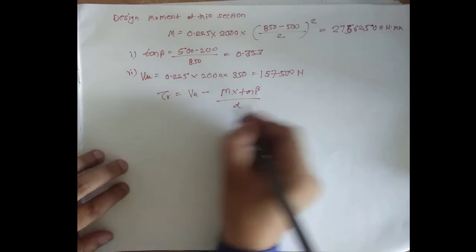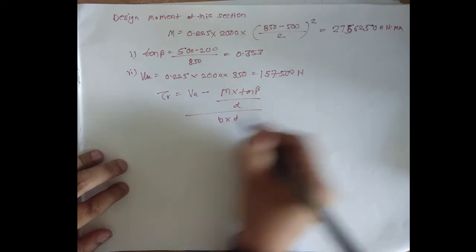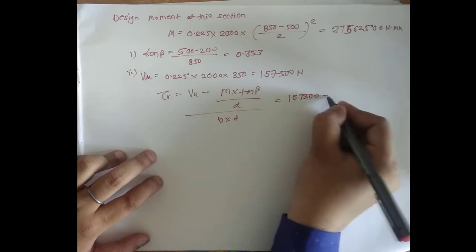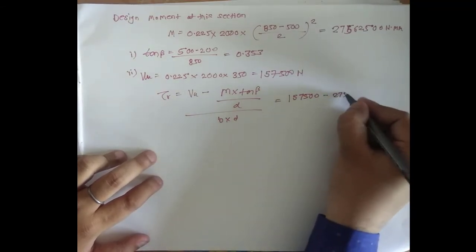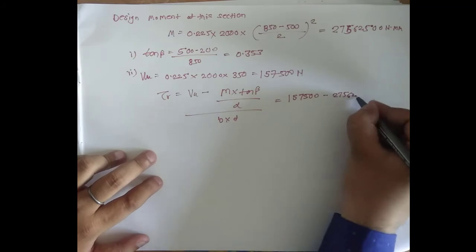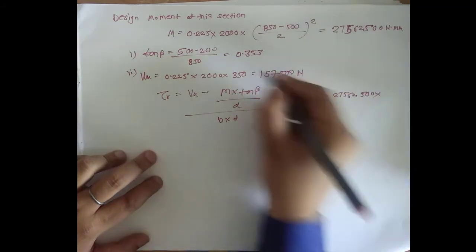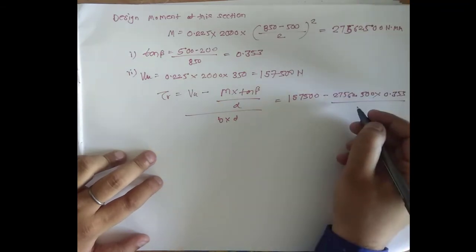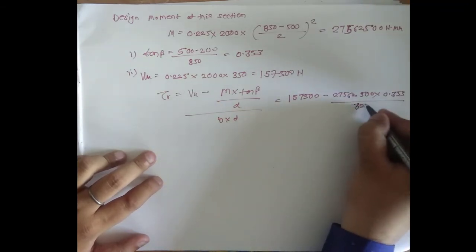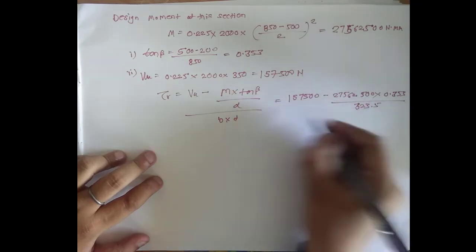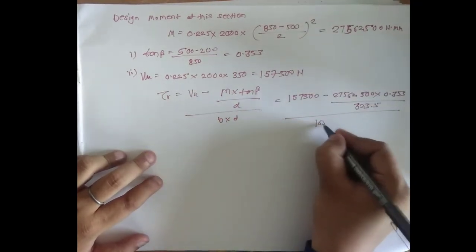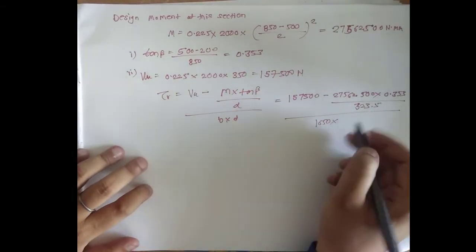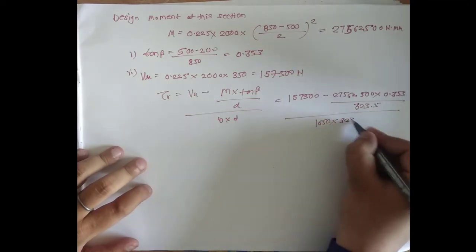Now tau v is equal to, we have the formula, (Vu minus moment into tan beta) divided by (b into d). So you can see here, 157,500 minus moment 275,625.00 into 0.353, divided by the entire depth that we have calculated, 1650, that is the average width we have previously calculated, into depth 323.5.